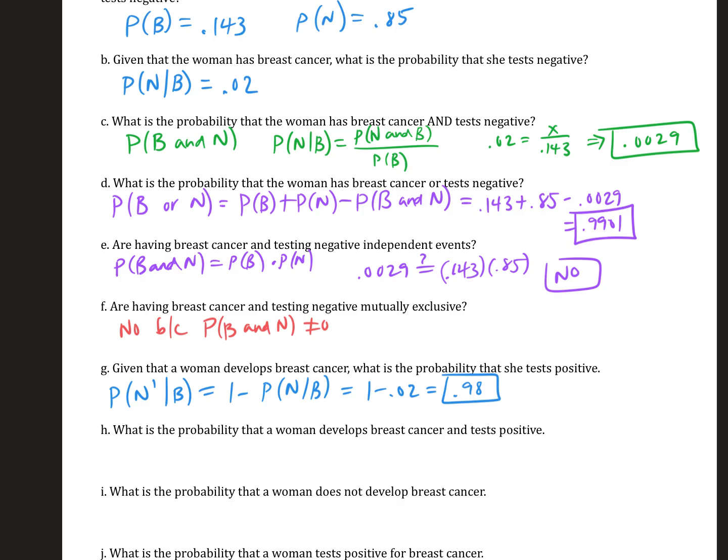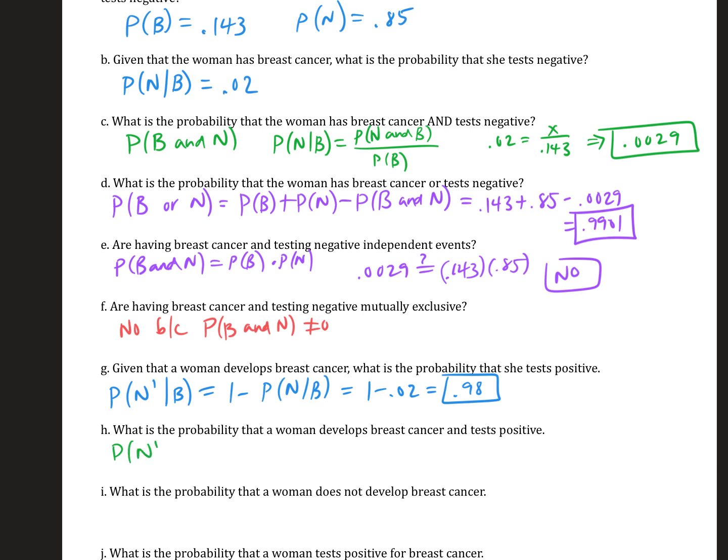What is the probability a woman develops breast cancer and tests positive? So, probability of B and N complement. Oh, sorry, I wrote that wrong. That's what we're looking for.